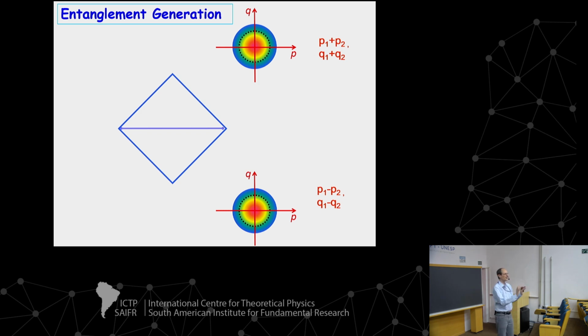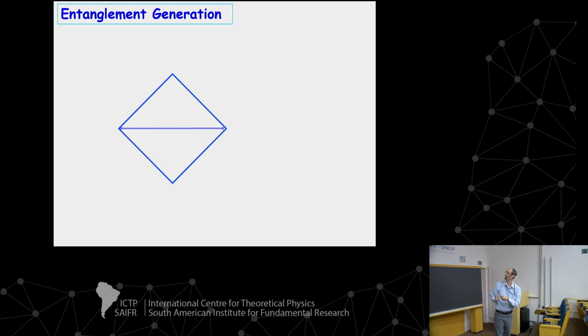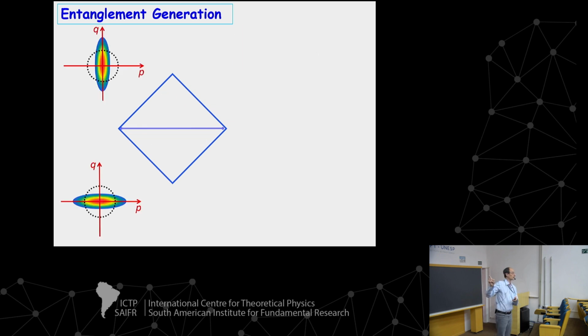You have to be careful with the phases. You'll be combining them with orthogonal quadratures. Otherwise, you can combine them with the same quadratures, and the output will be something different. So you have to carefully adjust the path between both sides, just as we do with an interferometer.